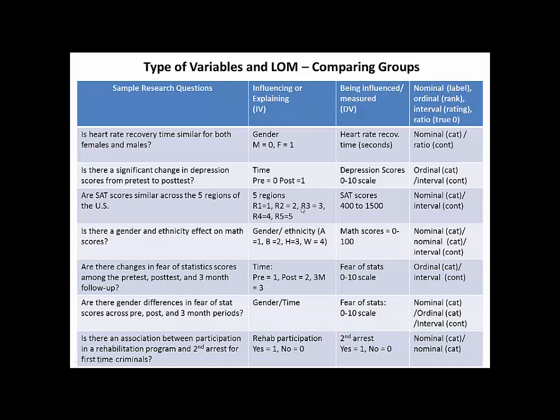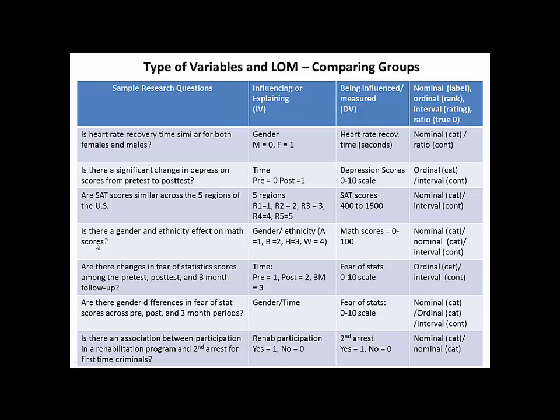Here we have region 1, 2, 3, 4, 5, but region 5 could be region 1. There's no specific order there, so it's nominal. These numbers are simply a label. And then SAT scores, again, it's a type of test, so it's going to be interval because the 0 is inconsequential or has no meaning, and you can set the scale to any starting point.